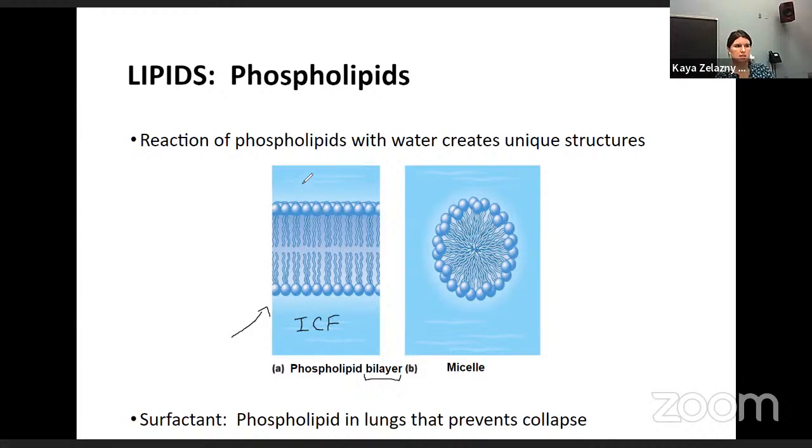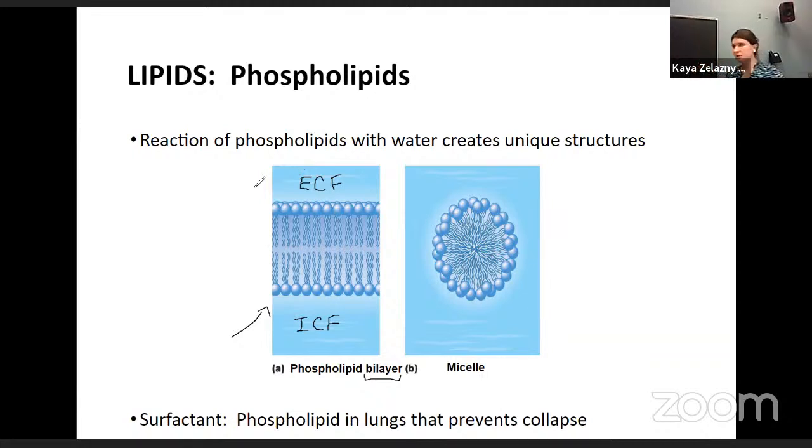On the other side is extracellular fluid, probably interstitial fluid for some random cell, but plasma if we're thinking specifically about a red blood cell. Both the ECF and the ICF contain lots of water, which is what they're primarily made of.